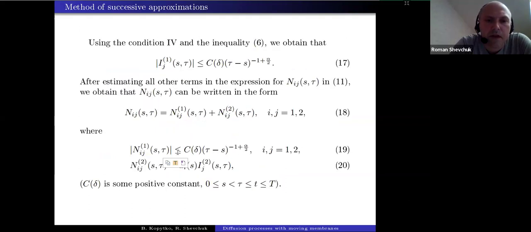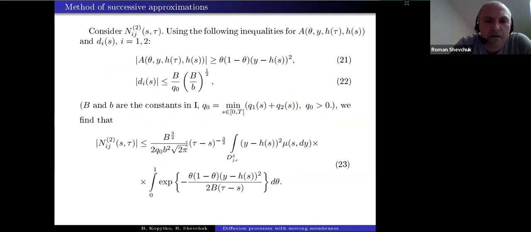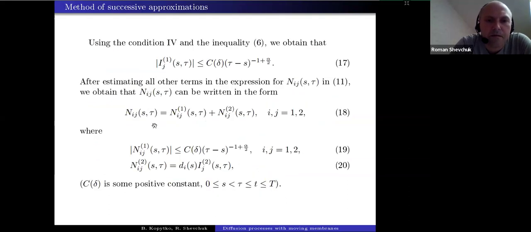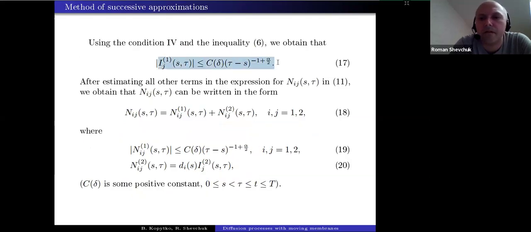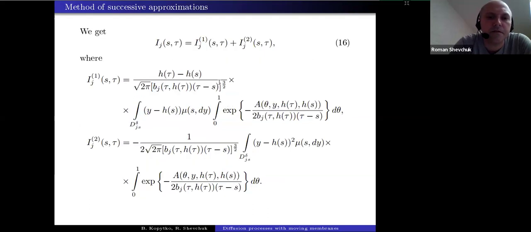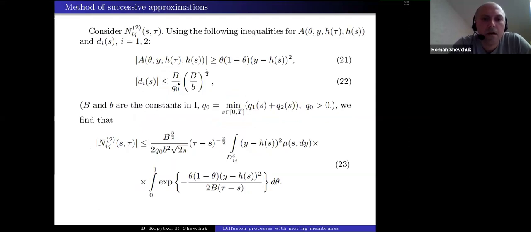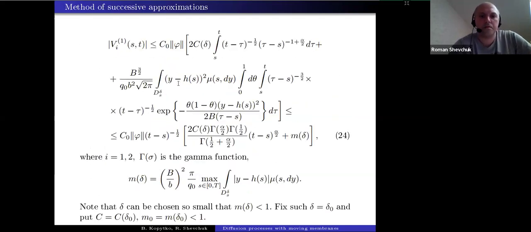Also, I want to say about this integral, why we have inequality 17 for this integral: because the function h is Hölder continuous, and here we can use the Hölder continuity of function h to estimate this term. So here we have the estimation for Vi1.